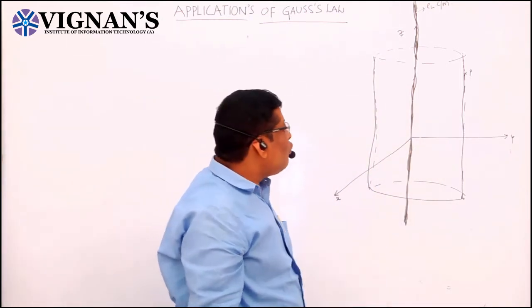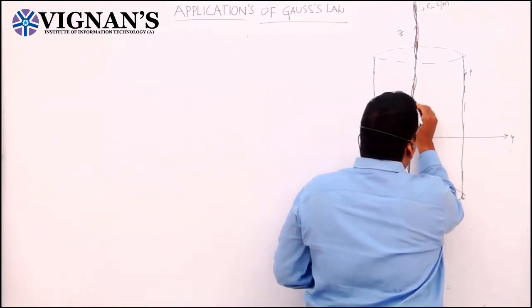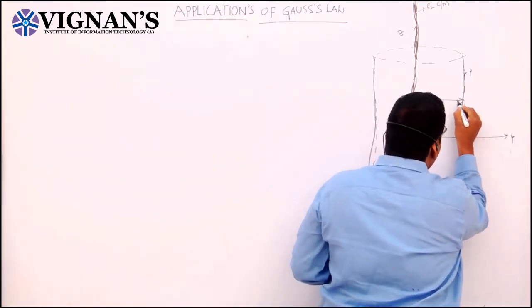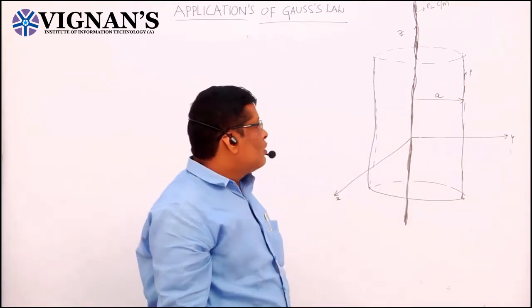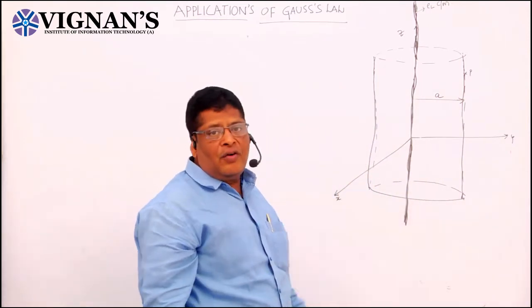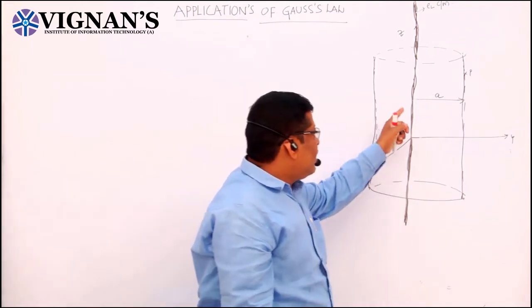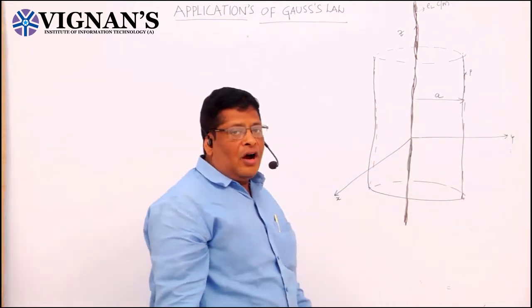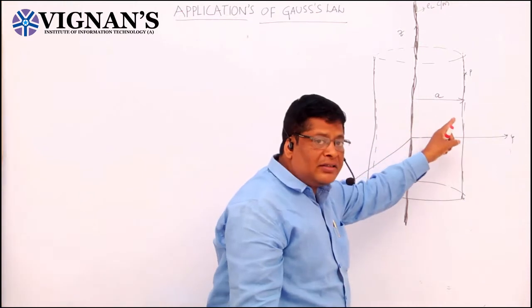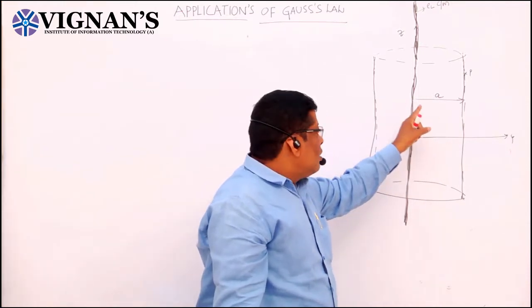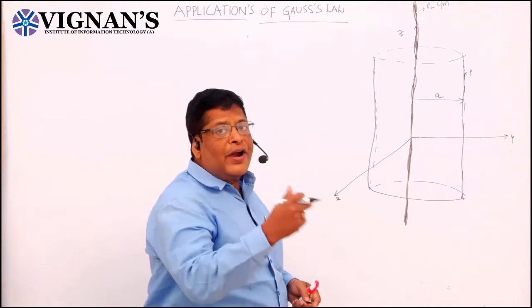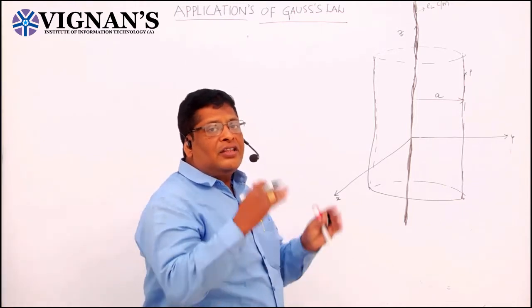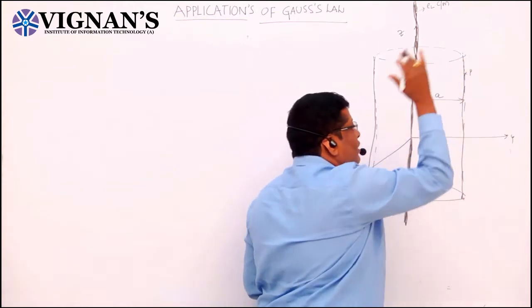The radius of the cylinder we take as a small a. See here, we have taken the radius of the cylinder as small a. We have to select the cylinder in such a way that the point where we have to find the electric field intensity is placed on the surface.